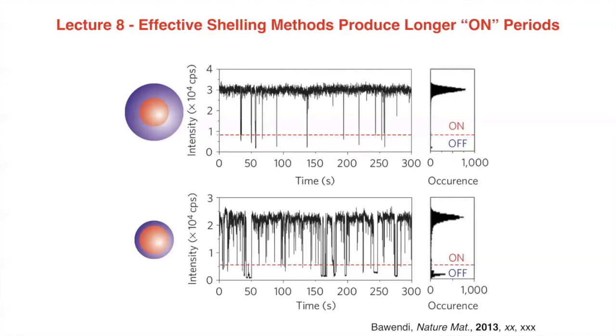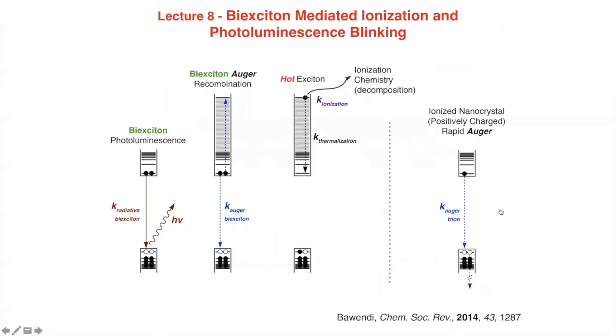The material on the top is far more likely to have a bright photoluminescence quantum yield than the one on the bottom, simply because the concentration of nanoparticles in their on state is high. And the ones down here, the concentration of the nanoparticles that are in their on state is not as high.